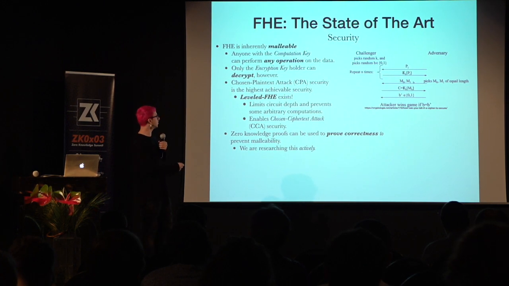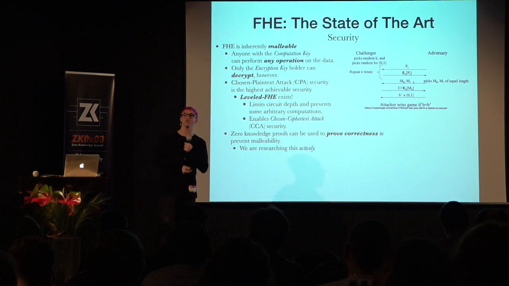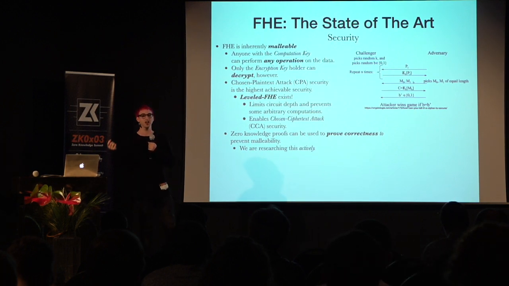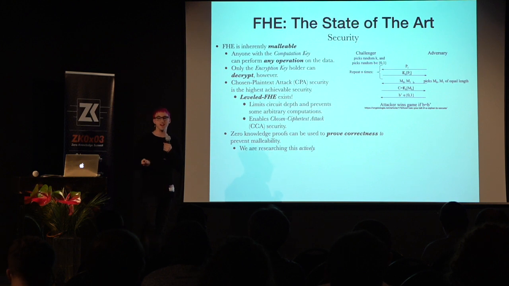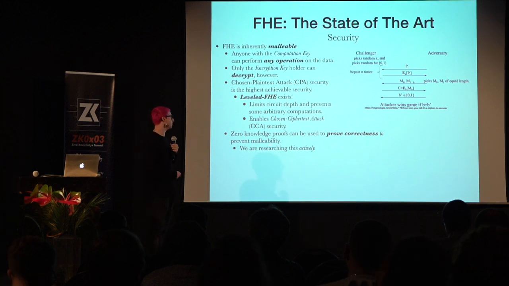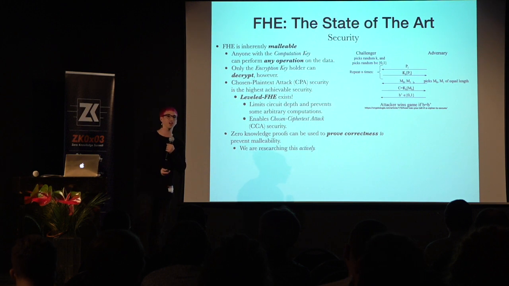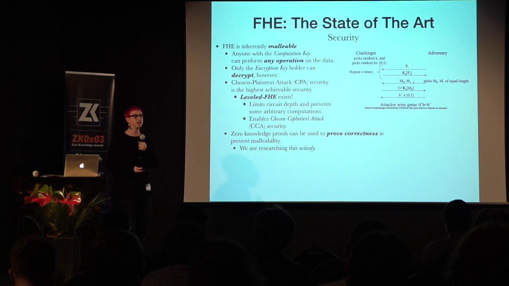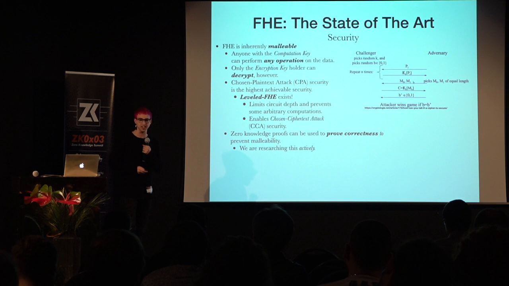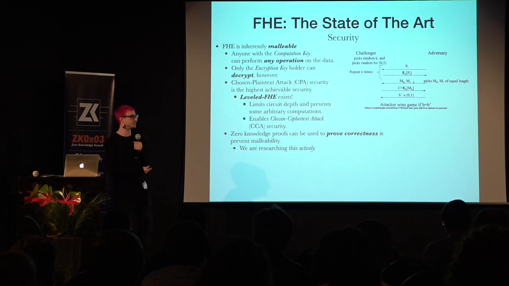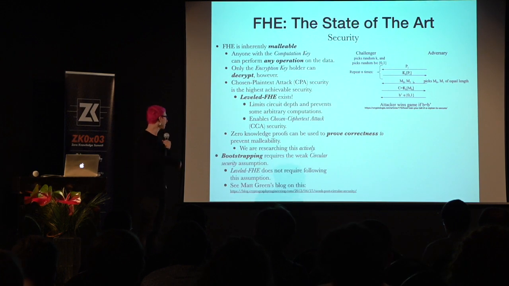However, because you can perform any computation, you can do 2 plus 2 minus 1 plus 1, and it simply gives you the same answer, but did you ask for that? No, you just want 2 plus 2, right? So we may be able to provide zero-knowledge proofs to prove that the computation was the correct one, and that's something we are actively researching, and we need to learn more about how that can be utilized, but we are working very hard on that.